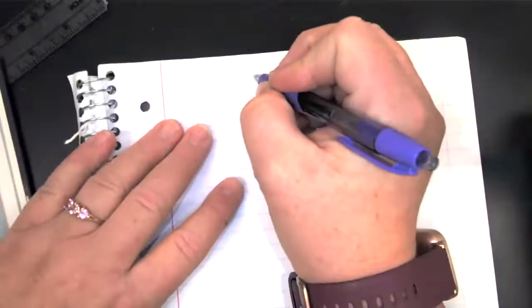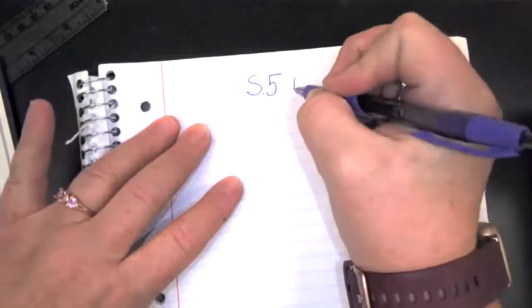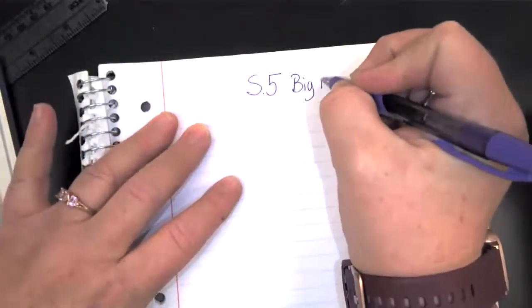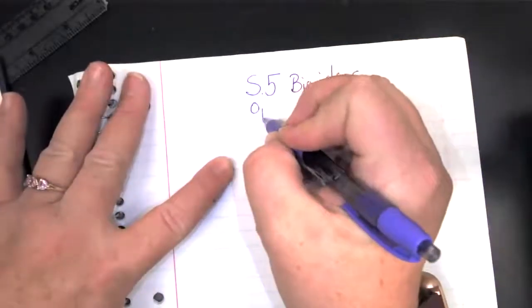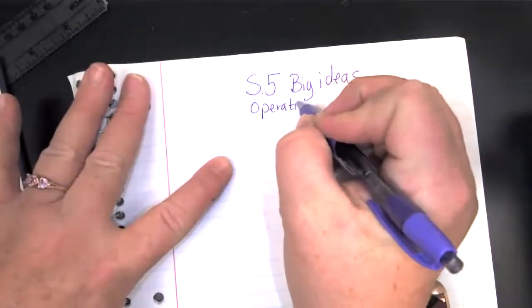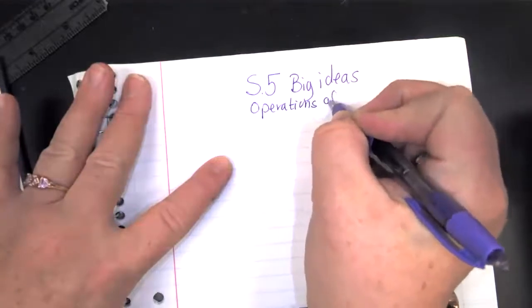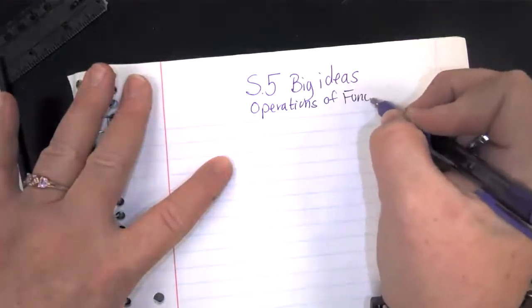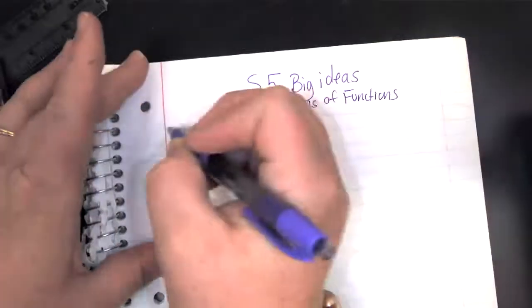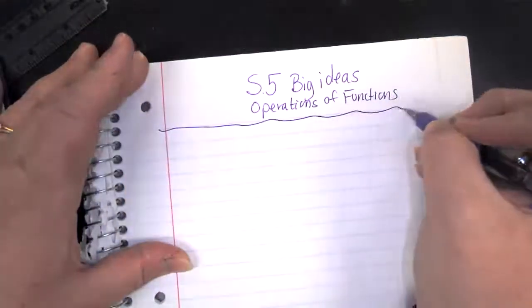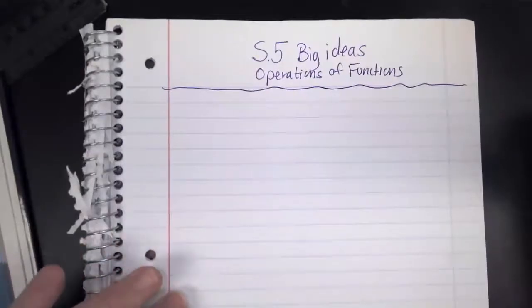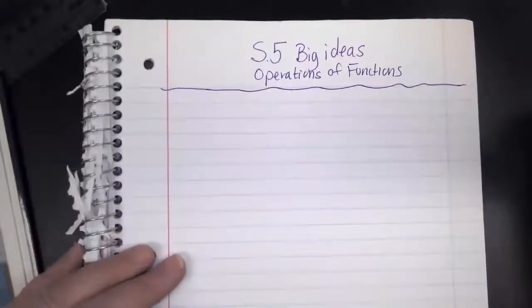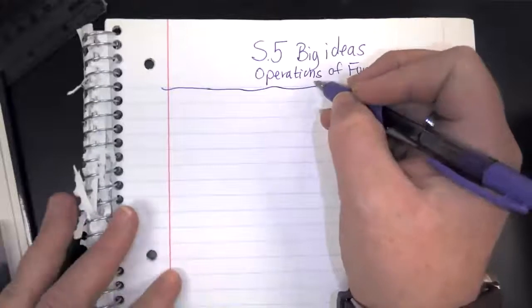Okay, friends, we're going to do section 5.5, big ideas and operations of functions. This should look somewhat familiar to you because we kind of did this in Finite last year.